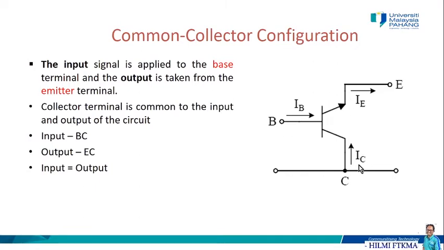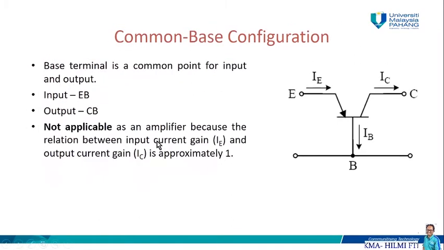We are going to refer to the collector to calculate the value of the current and the voltage for the input and output from the base and the emitter. And then we have the common base configuration.